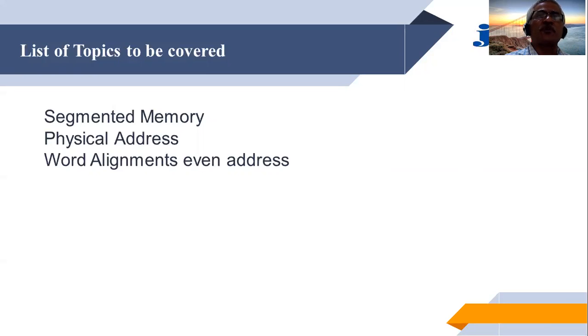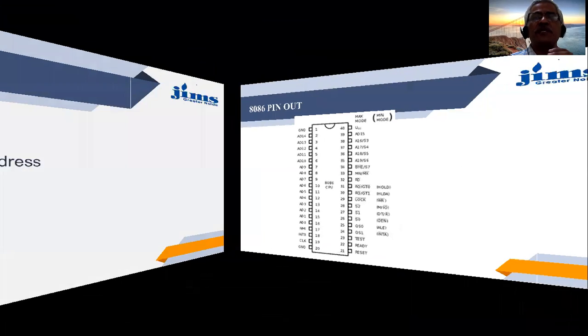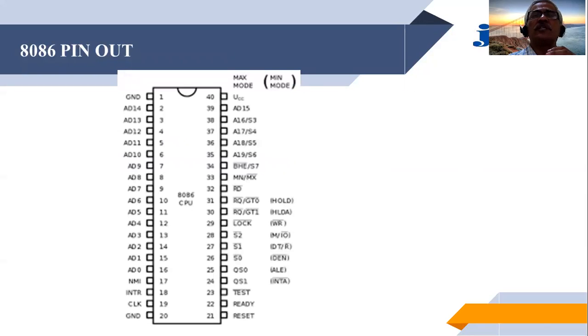Before we proceed with segmentation and the memory concept, it is required to know the pin diagram of the 8086, which gives us certain information about the addressing. We have already seen this pin diagram in the previous video, but now we look at it from the perspective of addressing the memory. When you look at the pins, what do you find?